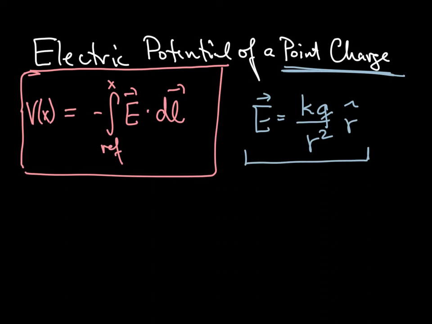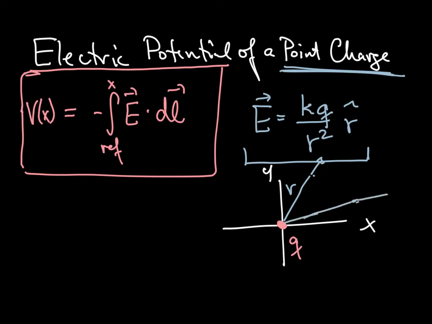This is assuming we've got a coordinate system, x, y, with a charge q at the origin, and at any point, some distance r away, the electric field is pointing out.